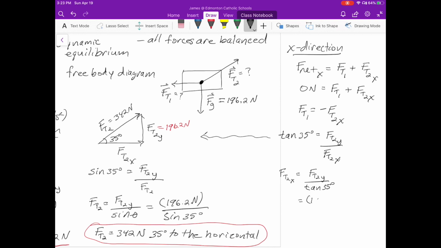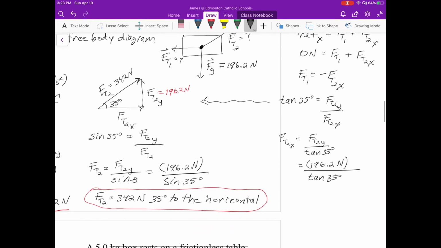So 196.2 newtons divided by the tangent of 35 degrees. So Ft2x, therefore, is 280 newtons to the right. So that's what that is.